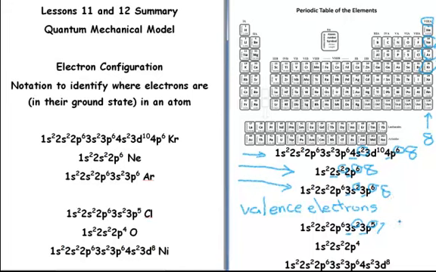This is the element chlorine. Chlorine has a tendency to want to gain one more electron. That would give it 8 in its highest energy level. This one has, in its highest energy level, 6 electrons. This represents oxygen. Oxygen has a tendency to want to gain 2 extra electrons.